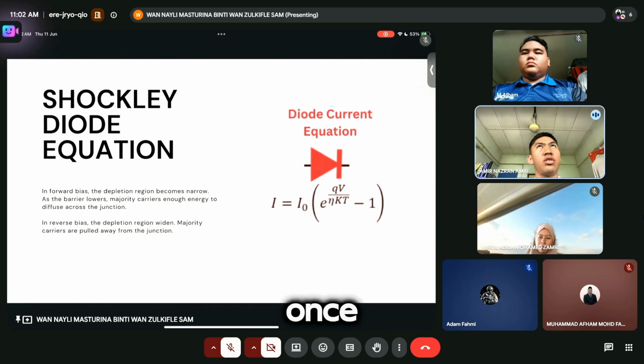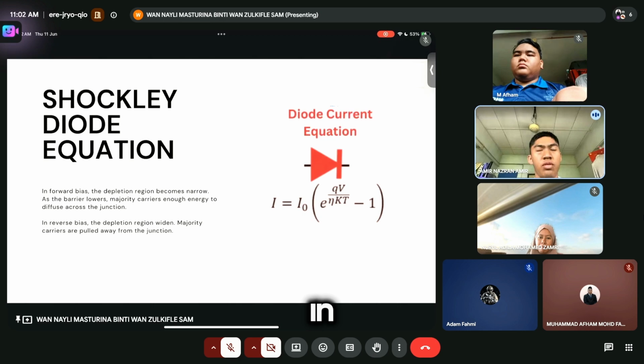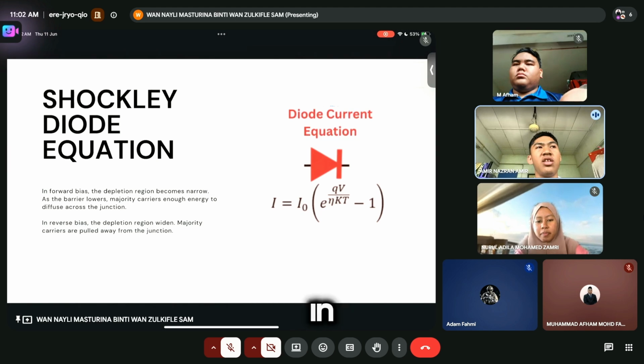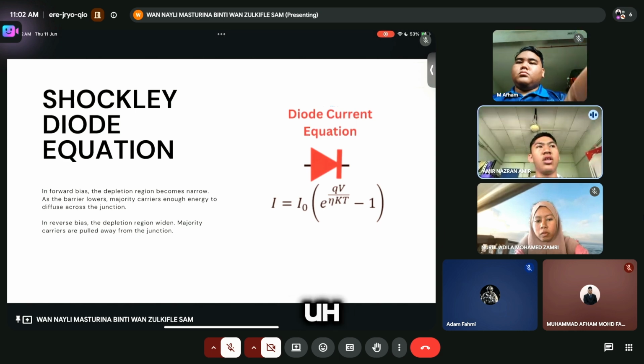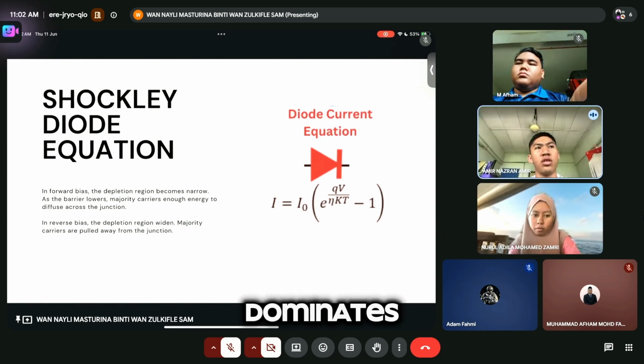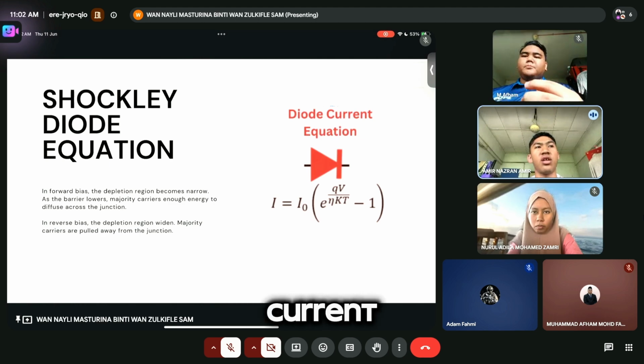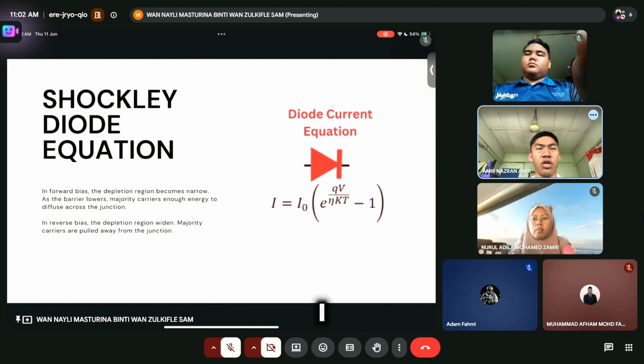That means once you overcome that built-in potential, around 0.7 for silicon, even a tiny increase in voltage causes a huge jump in current. For reverse bias, the negative one term dominates. So the current stays nearly constant at the tiny saturation current, which is I naught.